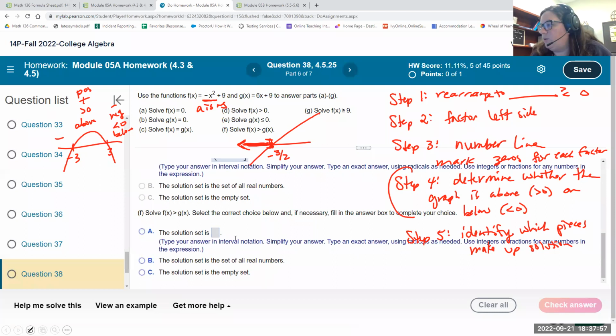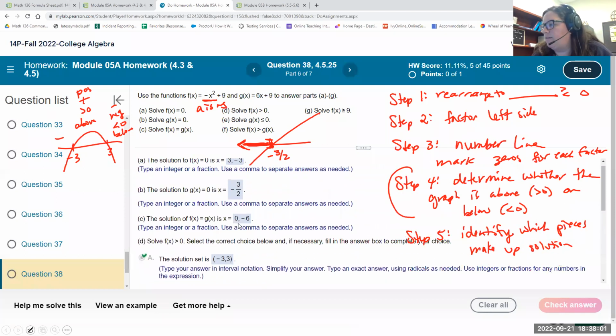All right, what about where f of x is greater than g of x? We already figured out that f of x equals g of x at 0 and 6. If we look at these two graphs together, we have the parabola and the line and their intersections, which I probably drew wrong, but all that matters is that these are at -6 and at 0.